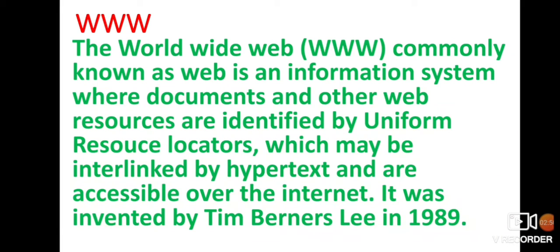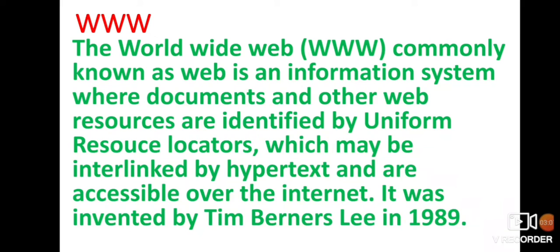So our World Wide Web is a collection of web files which are interlinked by hypertext. Hypertext means these are interlinked documents. These documents may be video, audio files, graphic files.